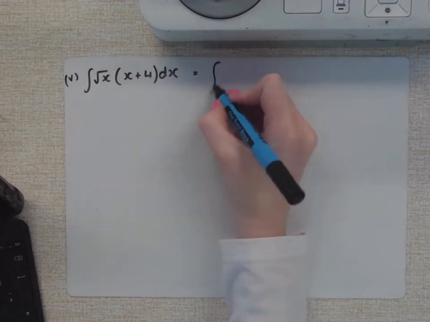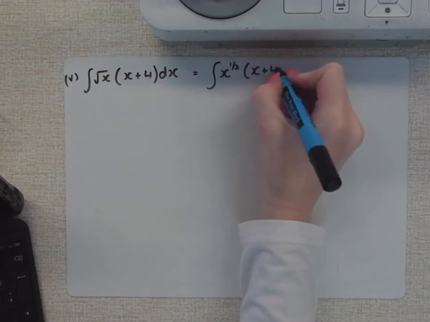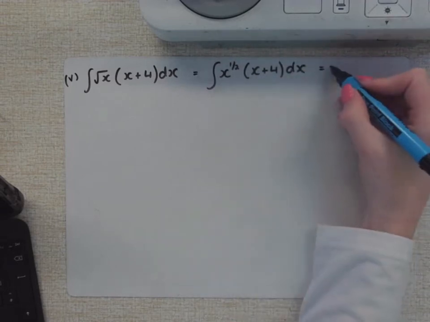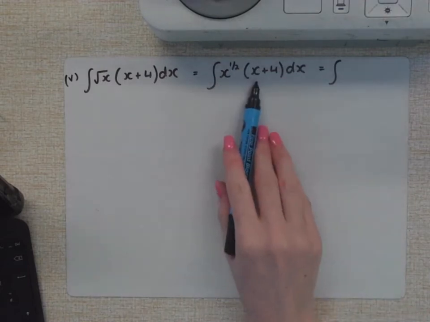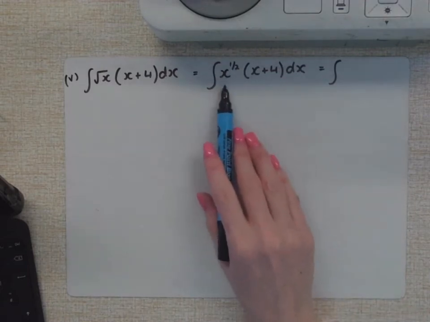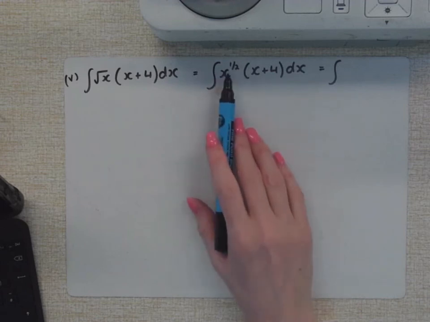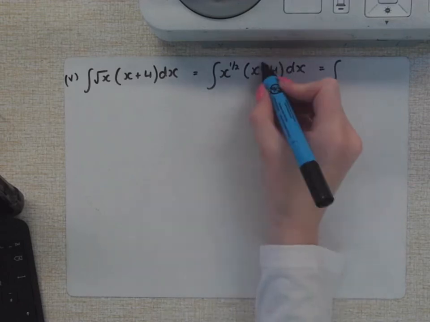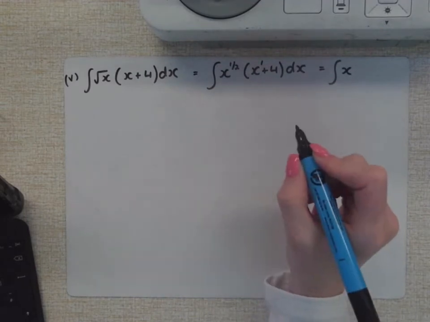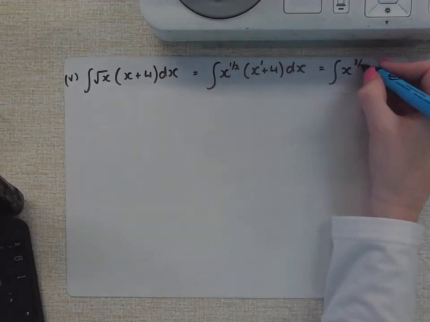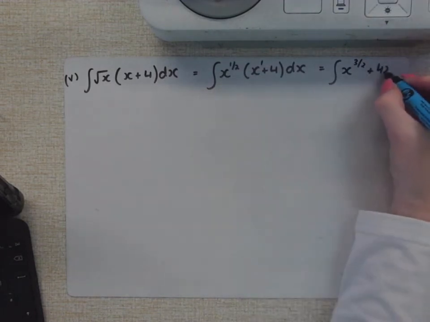So again, I'm going to have to change the sum. That's x to the power of a half, isn't it? By x plus 4. So still haven't integrated it yet. x to the power of a half by x. I'm multiplying and the bases are the same. What do I do with my powers? Add them. Good. Okay, so that's x to the power of a half by x to the power of 1. So I'm going to add my powers. That'll be x to the power of 1.5, 3 over 2. And then I'm multiplying 4 by x to the power of a half, which is just 4x to the power of a half.